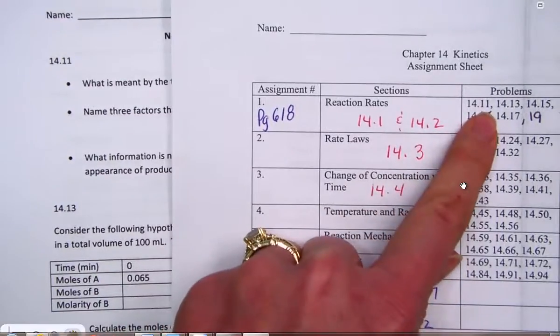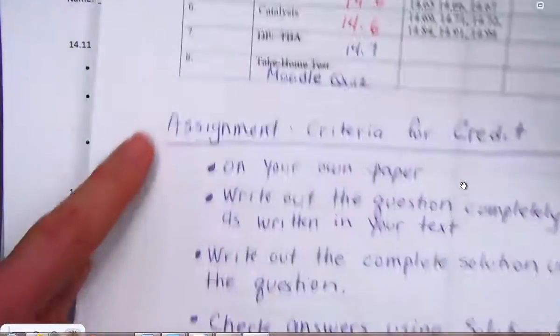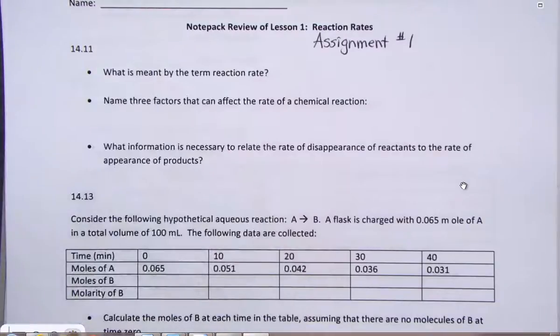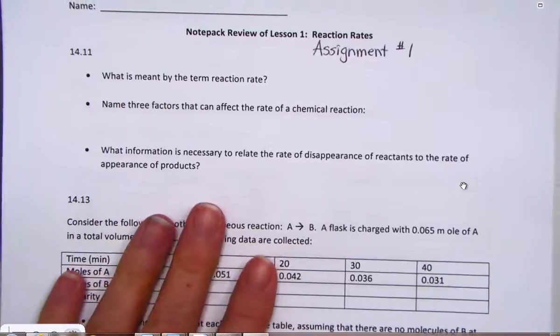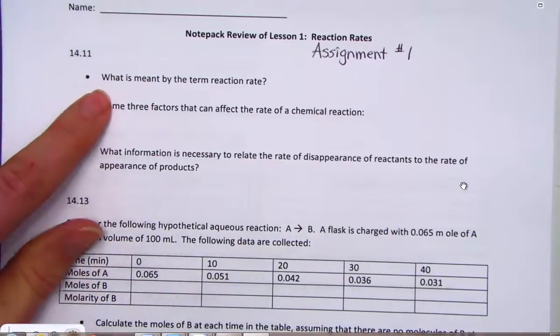So I opened my book and wrote out the problem for you. Number 13, I wrote it out for you. So it's saving you the steps of all of this criteria for credit. And so what we'll do, instead of taking out our own paper, we're going to work these problems directly on this assignment sheet handout. And this can come in for your homework credit next time we see each other in class. So let's just check our work.